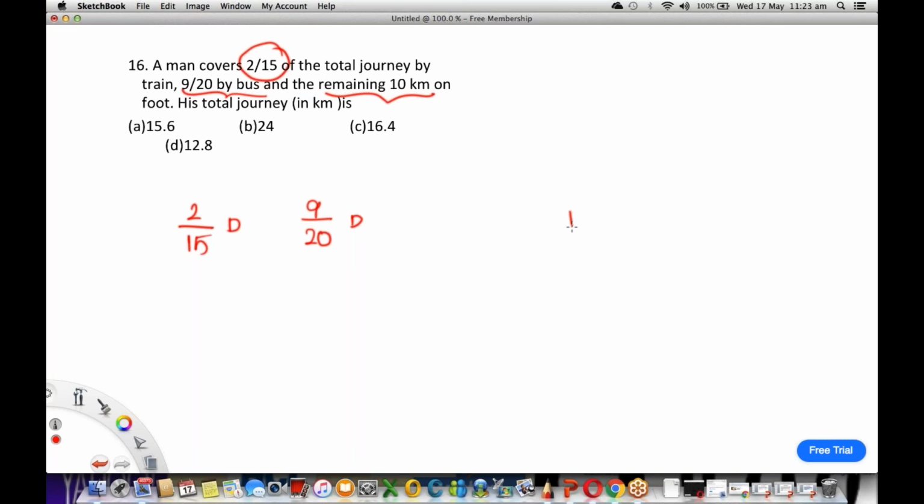If you assume your total distance is d, out of this total distance 2 by 15th of the distance he went with the train, and then 9 by 20 of the distance he went with the bus, and the remaining will make up your total distance. So by using that information, what is remaining? The remaining will be equal to 10. That was given in the data very clearly. So I'm trying to find out this fraction, and the difference with d, and you can find out what is that leftover.